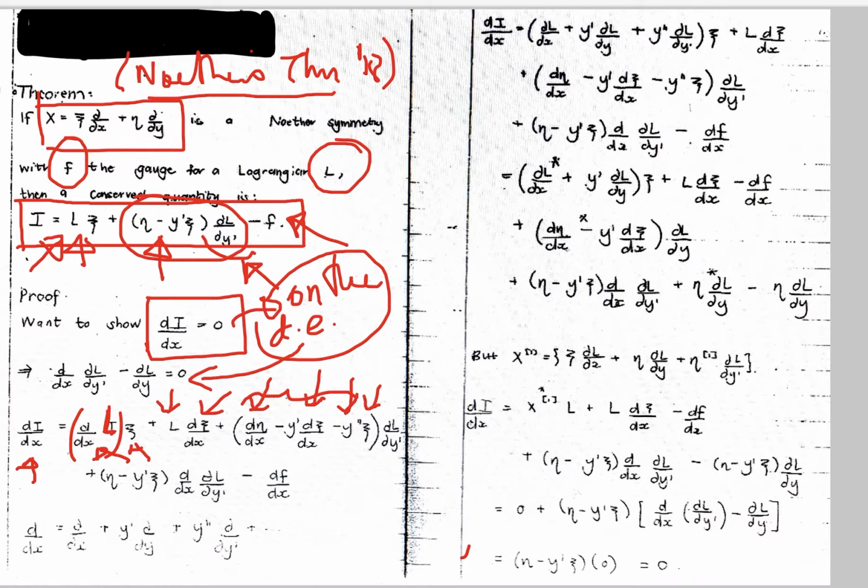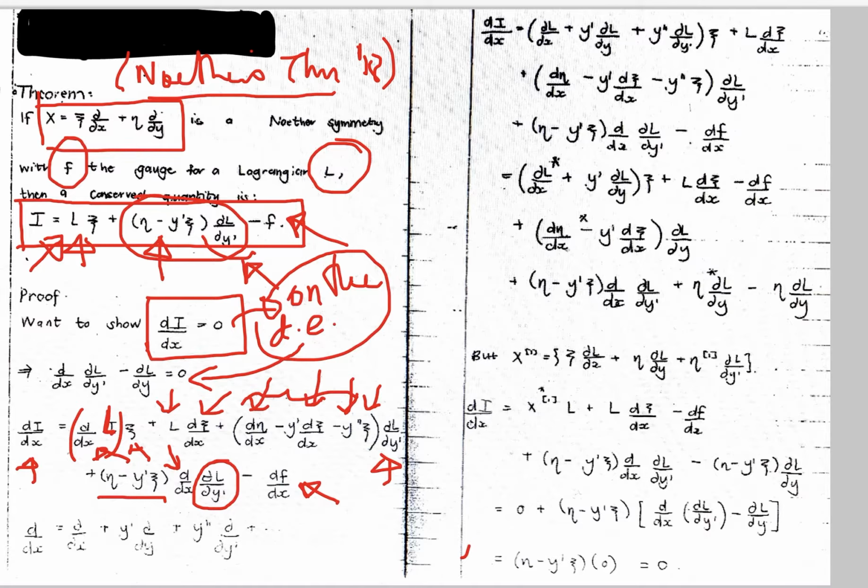That is the product rule, leaving dL/dy dashed as it is this time. Then leaving the bracket as it is and totally differentiating the second term, being dL/dy dashed. And then lastly differentiating the F in that equation of I, dF/dx.